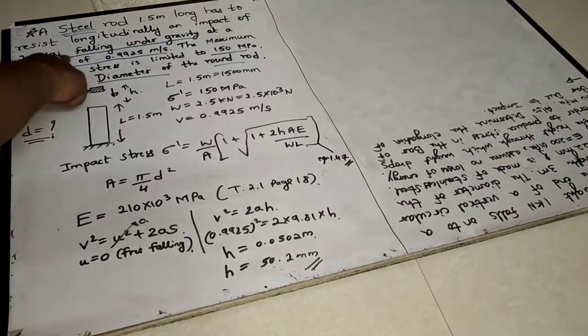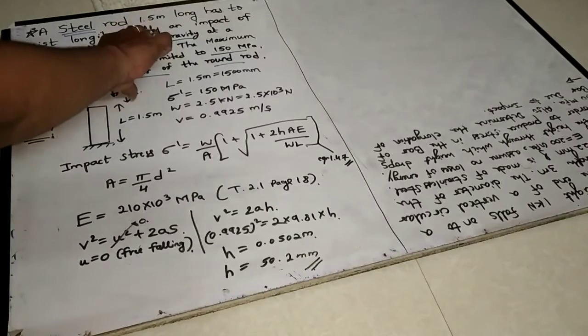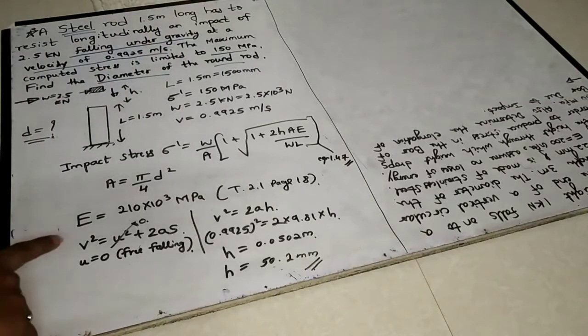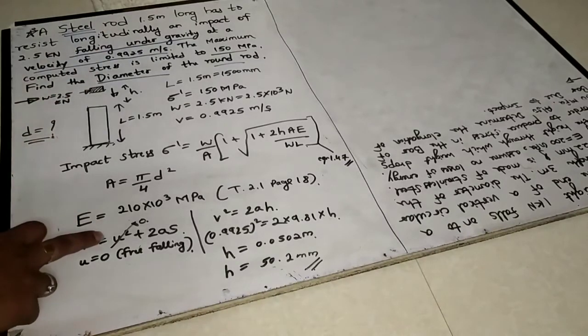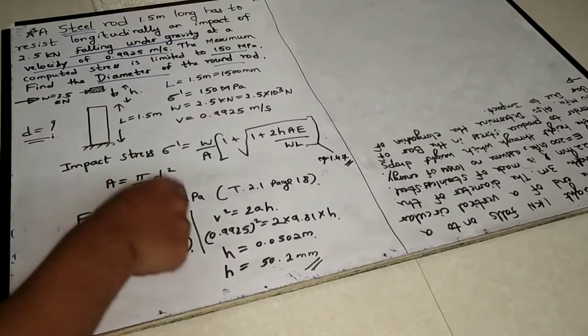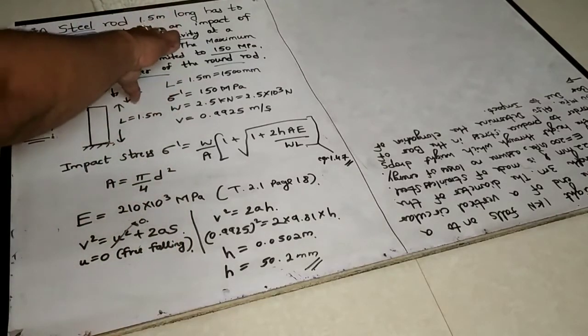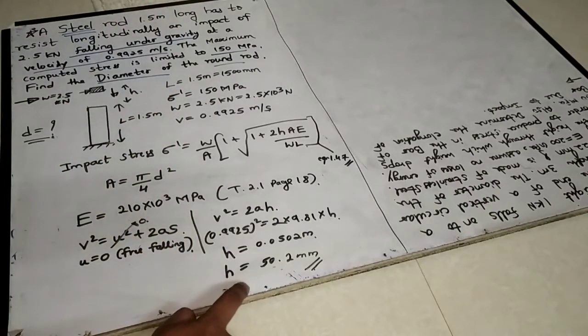So this is the use of data, students. This is to know the height from which it is falling. Basic physics you might have studied: under free falling case, initial velocity is 0, final velocity is given to you, v square is equal to u square plus 2as. So s here is distance, that is height h. So that's how we'll get height h.